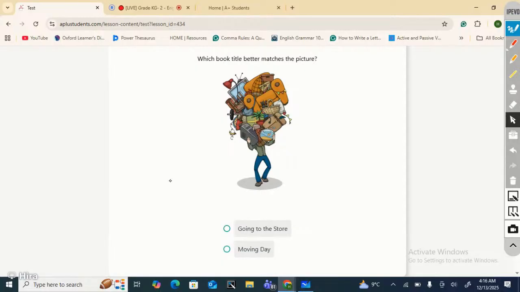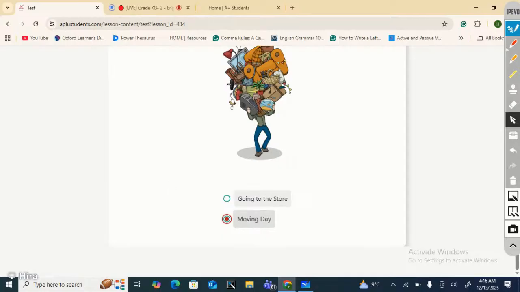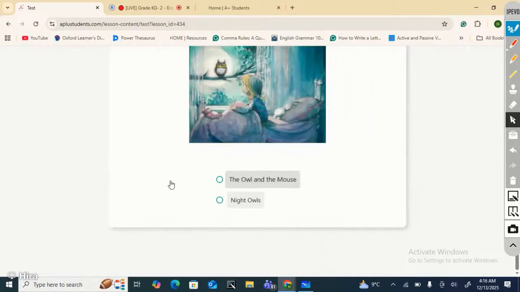Well, look at the person, he's carrying a lot of stuff. We usually don't go to the store to bring these kinds of things. But when we have to move out of a house, it seems like a moving day, doesn't it? Yes.